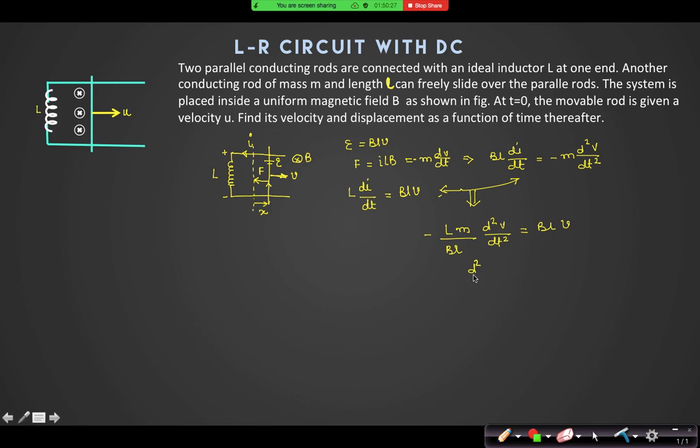So look, the equation becomes d2v by dt2 is equal to minus B square L square by ml into v. Yes or no? Can I use this as omega square? So omega is equal to root over of B square L square by ml.